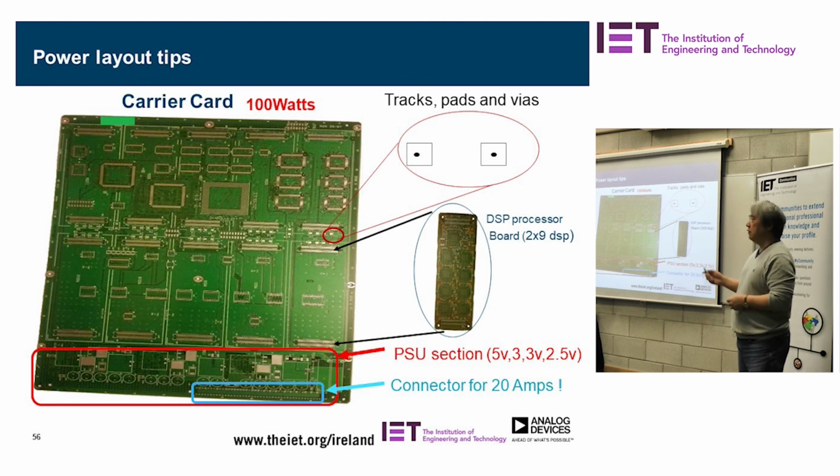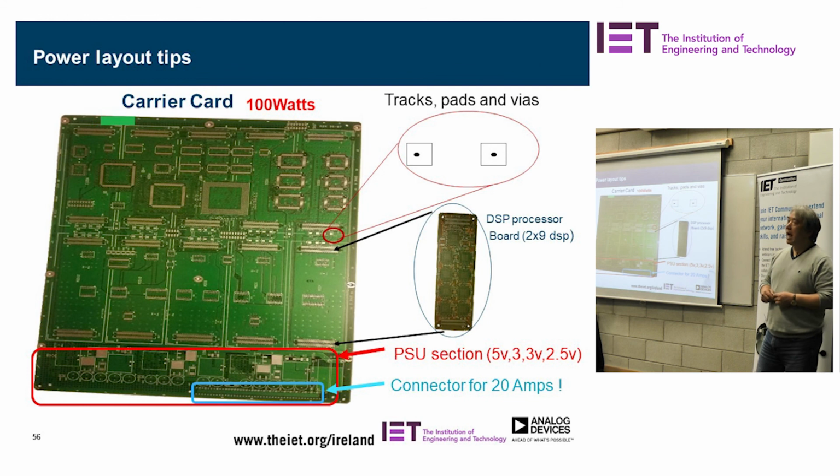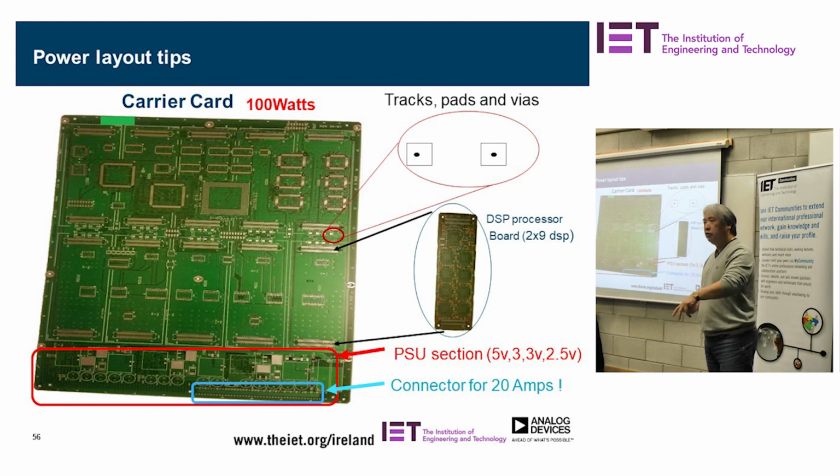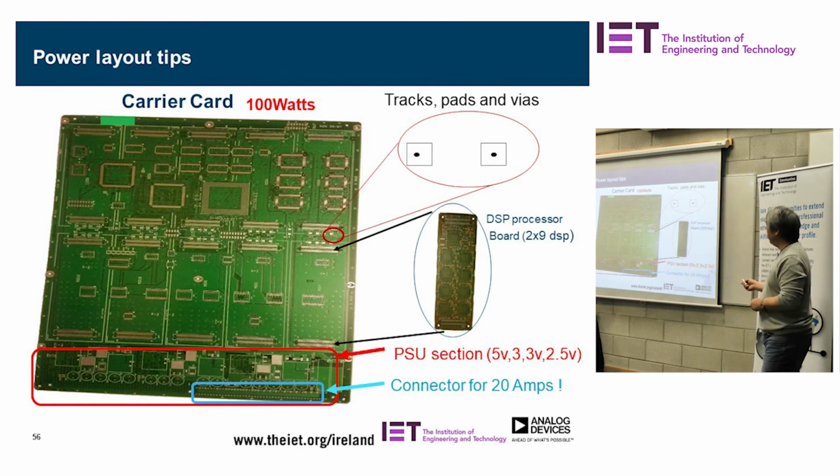The via is only rated about half an amp. So I told him those vias would blow before the fuse would blow, okay? He wasn't aware of this, so I told him to put at least about 4 vias there so it can handle the current capacity when you go down through the layers. So he did that.